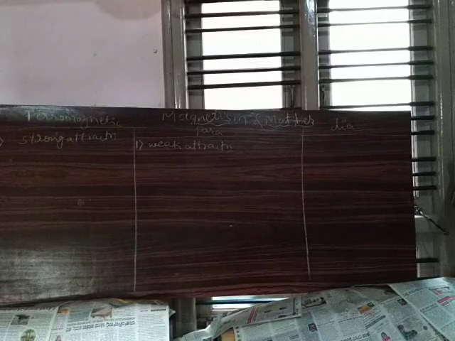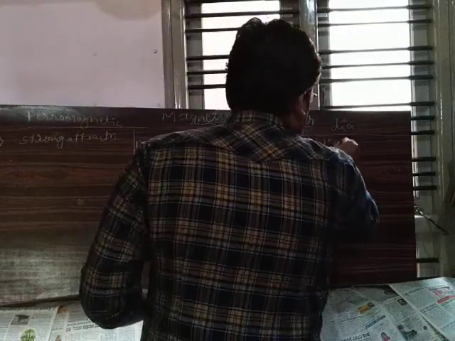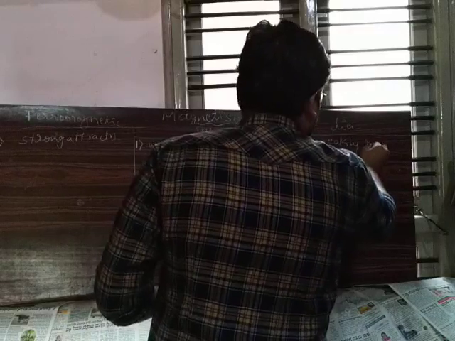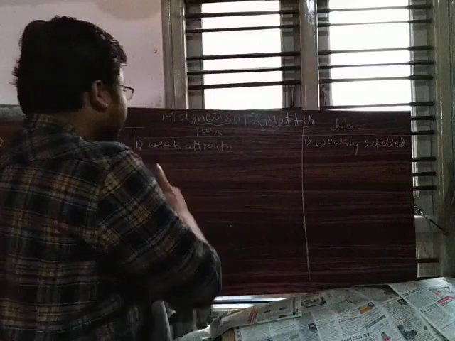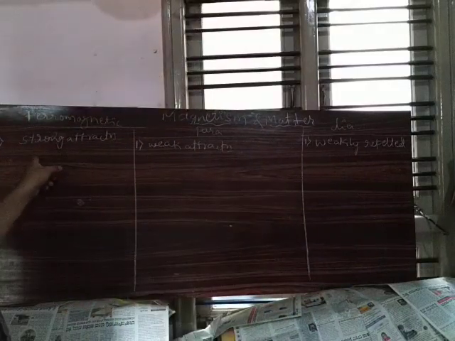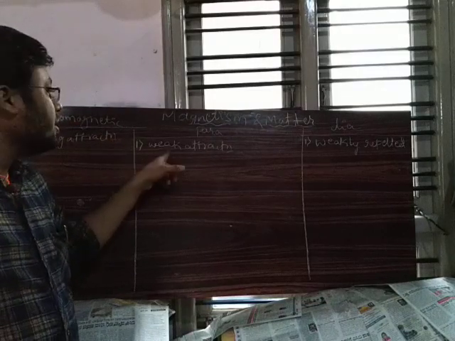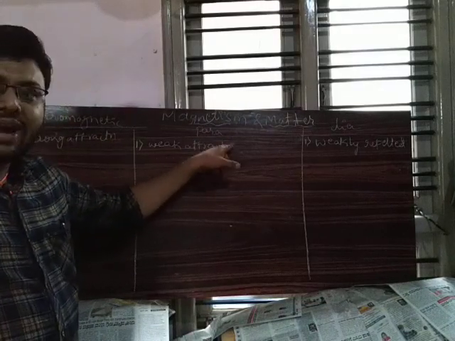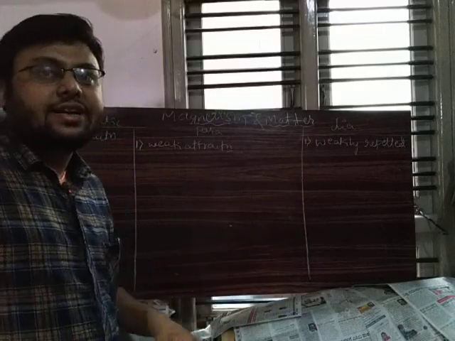So first one is weakly repelled. So strong attraction between ferromagnetic material and magnet. Weak attraction between paramagnetic material and the magnet. And weak repulsion between diamagnetic material and the magnet.